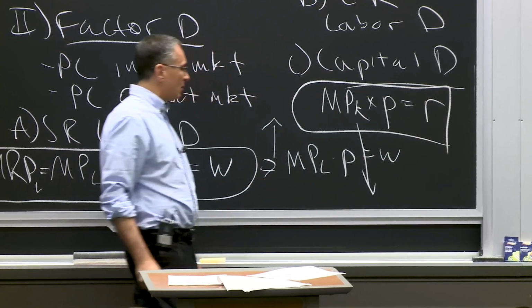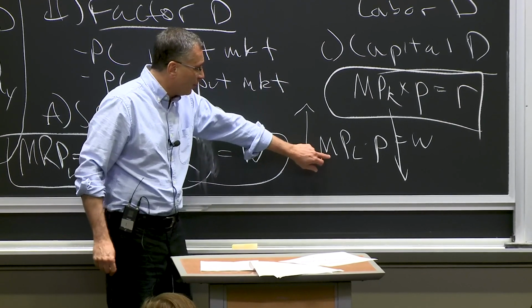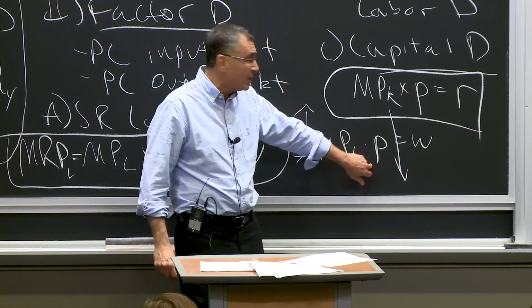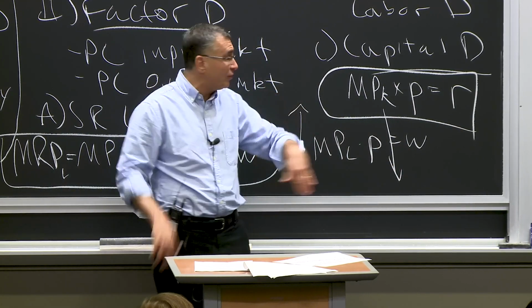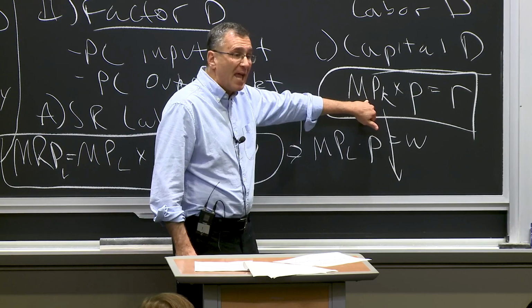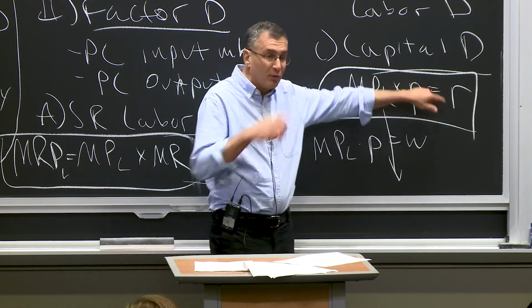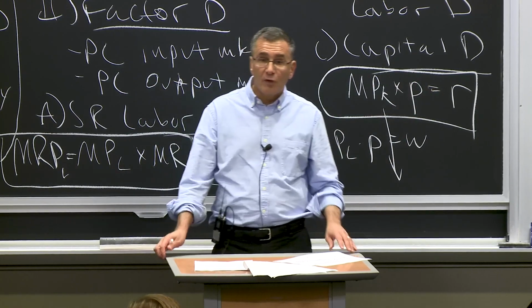It's the same condition as hiring workers, where the marginal product of labor times the price of our good equals the wage rate. You want to invest in more machines until the marginal product of capital of the next machine times the price for our good is equal to the interest rate. So it's the exact same logic.